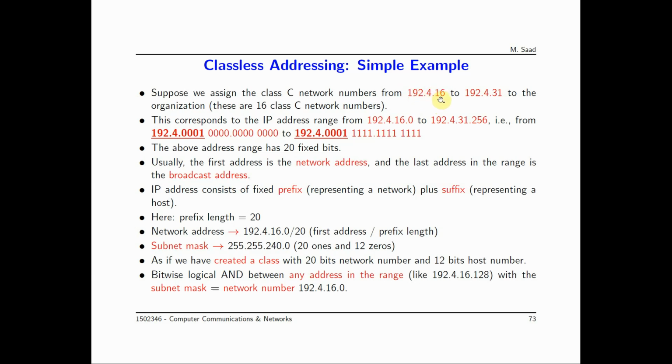So what you see here, 192.4.16, or its binary equivalent, represents the network ID of one of the Class C networks that we will be using as IP addresses. And then the last one is 192.4.31. So we will use 192.4.16 and .17 and .18 until .31. So these are 16 different Class C network IDs.